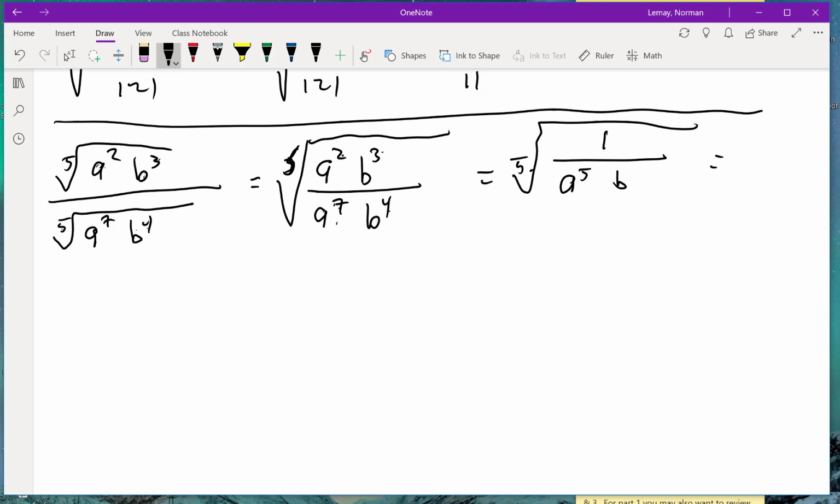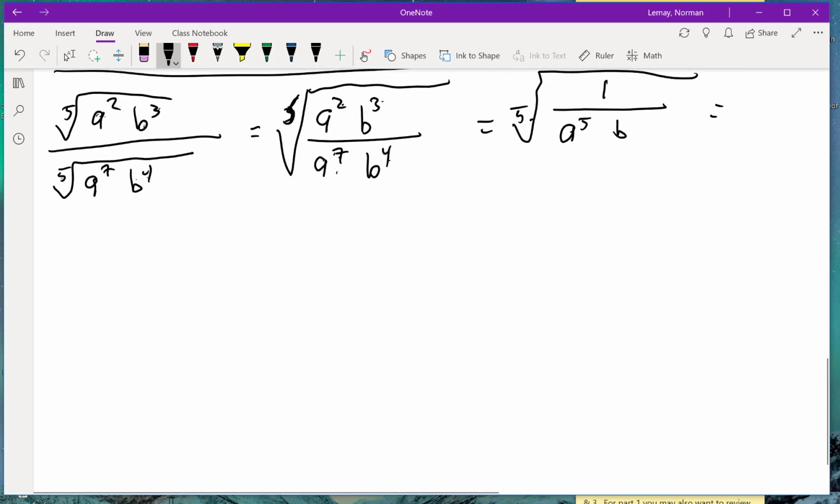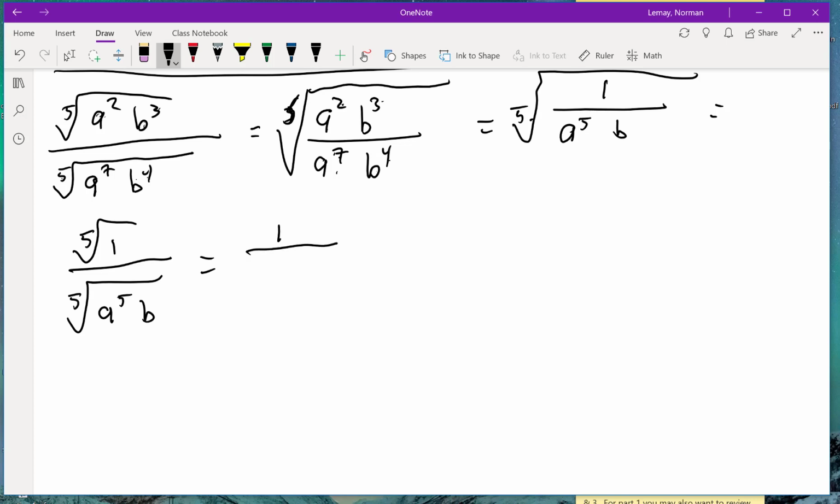And notice that this is going to equal, splitting the radical again back up, the fifth root of 1 divided by the fifth root of a to the fifth b. And we know that any root of 1 is always just 1. Notice that a to the fifth can come out of the fifth root as a.